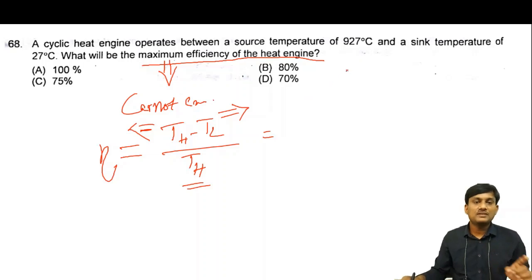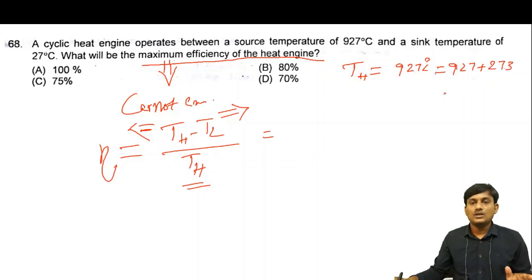You have to remember the value should be in Kelvin, not degree centigrade. Here high temperature TH is 927 degrees centigrade. You have to add 273. So what is the value you will get? It will be 1200 Kelvin. And TL is equal to 27 plus 273. It will be 300 Kelvin.